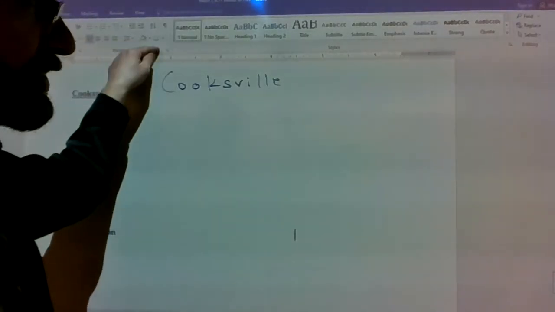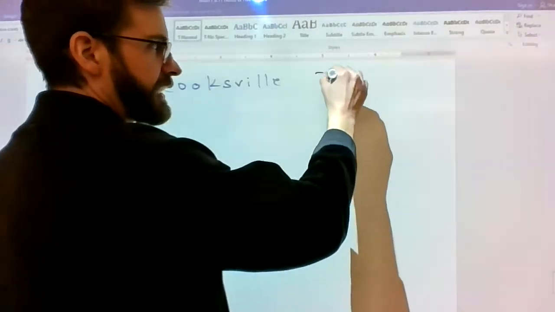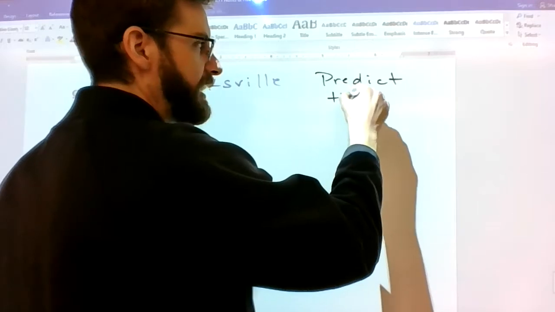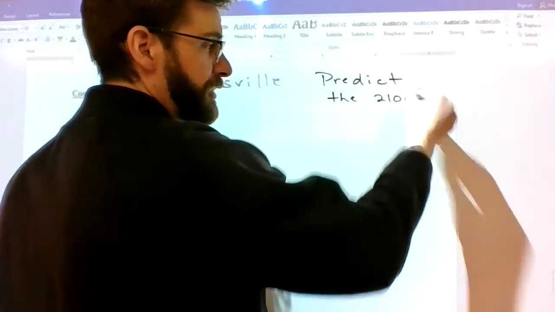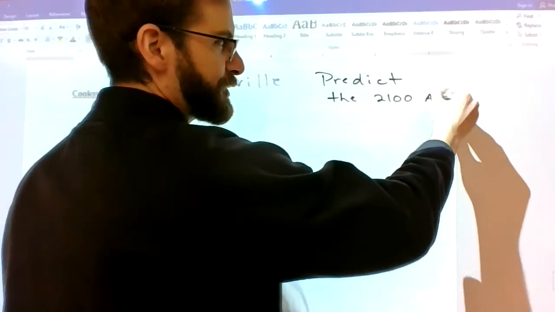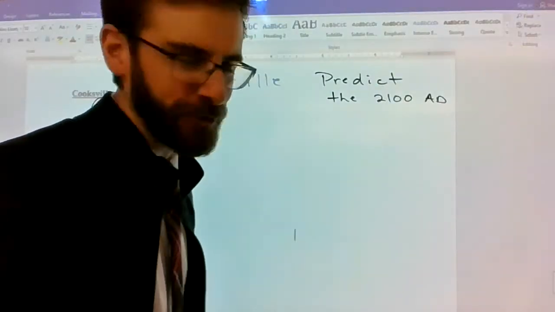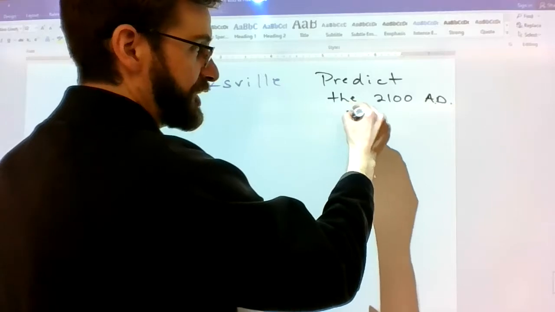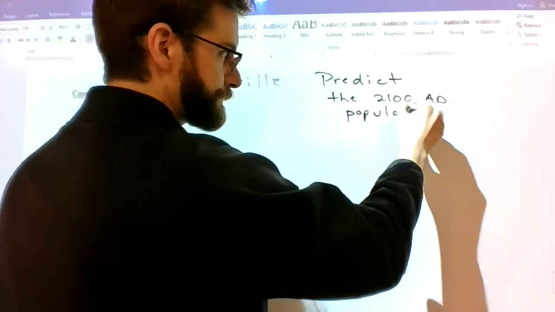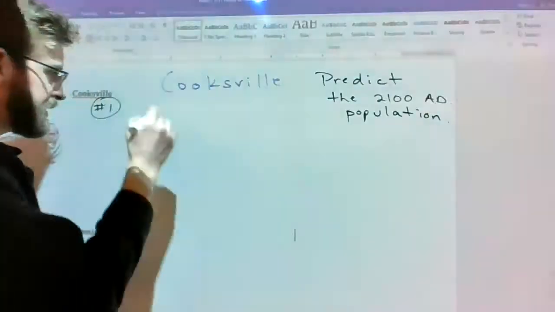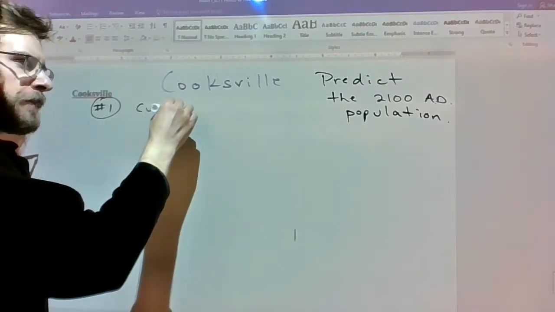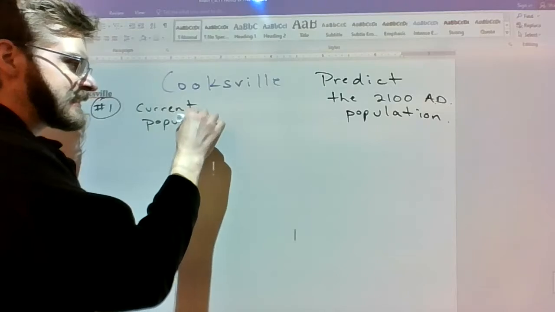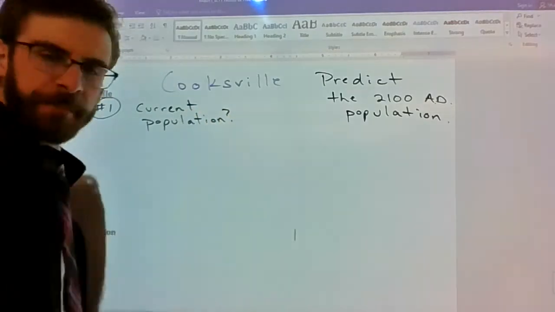At the top of this sheet, it said predict the 2100 AD population of these towns. Well, the first thing you've got to know is what's the current Cooksville population, or at least the best up-to-date estimate of what it is.